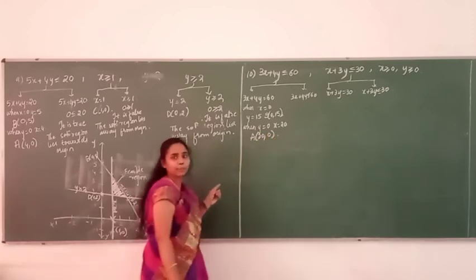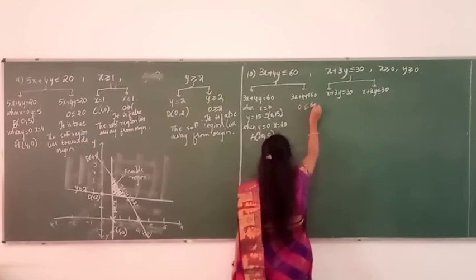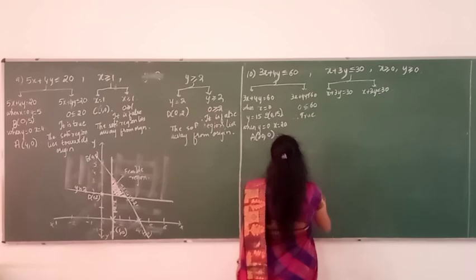These are your coordinate points. And just substitute 0 comma 0. 0 is less than or equal to 60. Therefore, it is true.